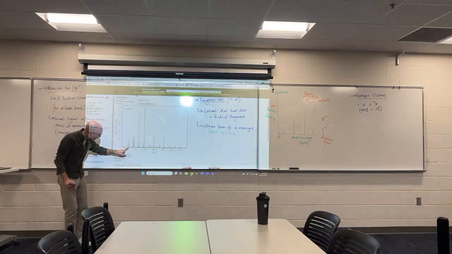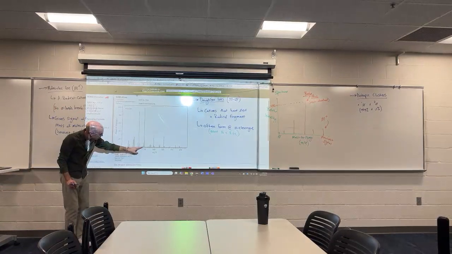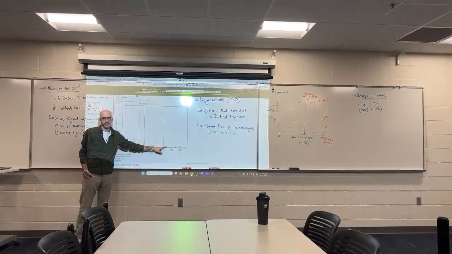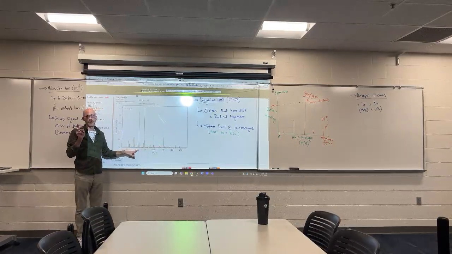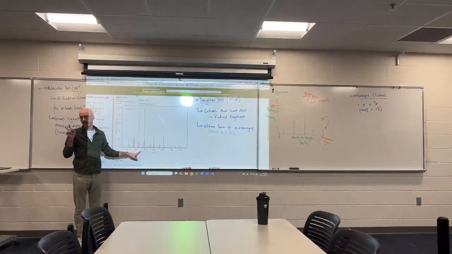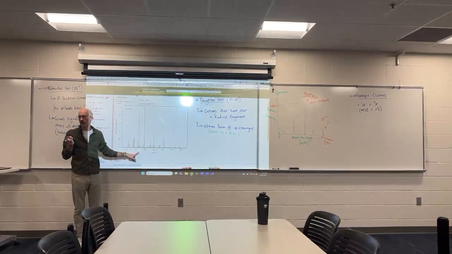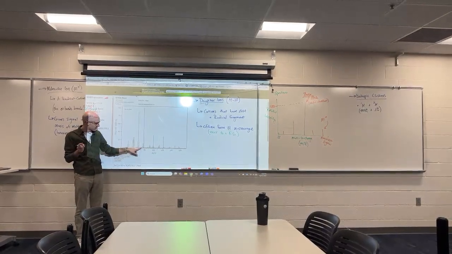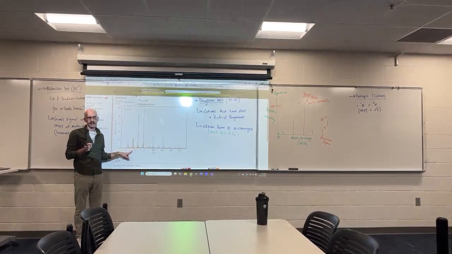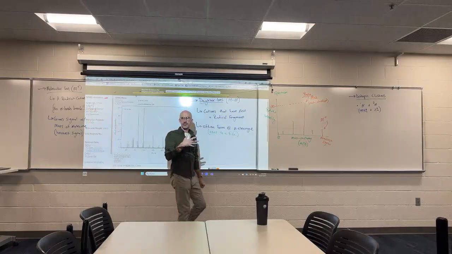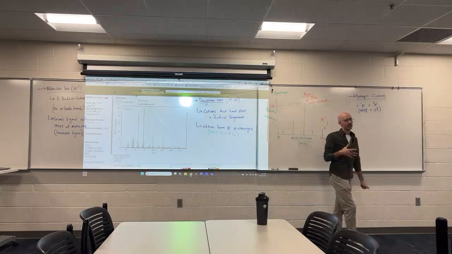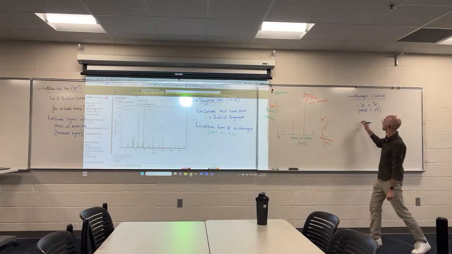That's what creates all of these tiny little bumps on the bottom, is that you've got that 1 in 1,000 chance that a hydrogen is going to have a heavier mass, and that increases the signal relative to the things next to it. Hydrogen isotopic clusters are basically meaningless.